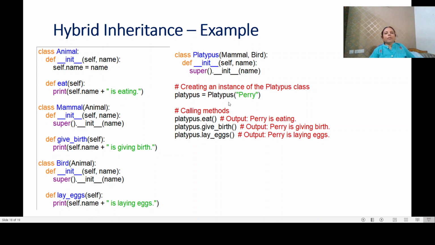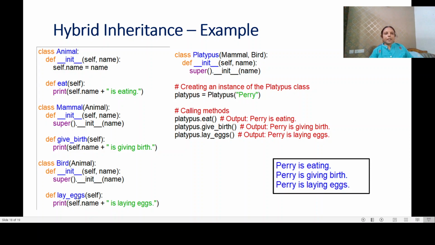When I call the method platypus.eat, animal becomes a grandparent, so it can access this eat method. Similarly it can access the methods of its parents, mammal and bird, so it can access give birth as well as lay eggs. That's it. So this is an example of hybrid inheritance.